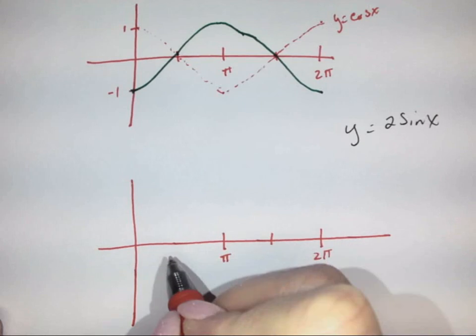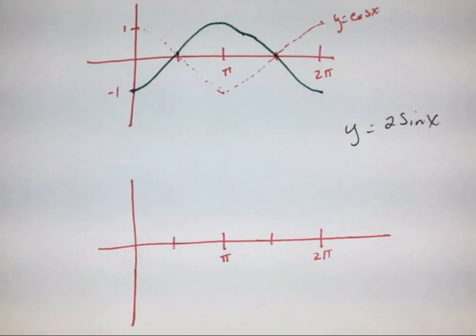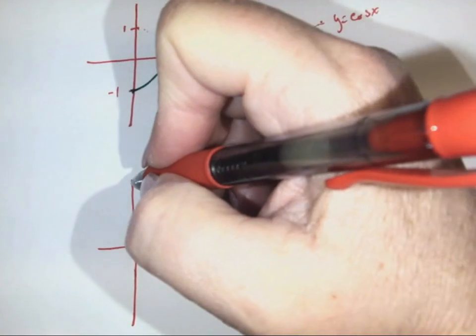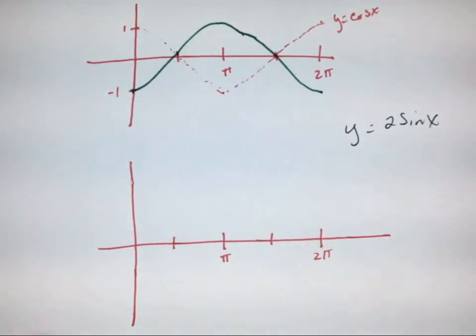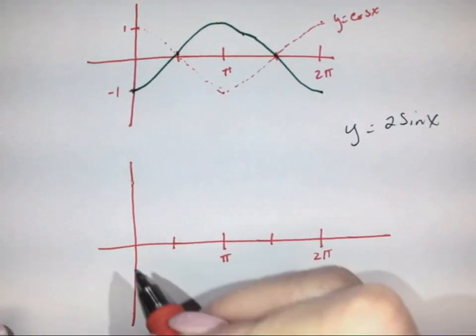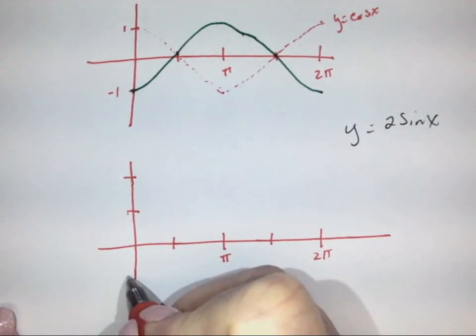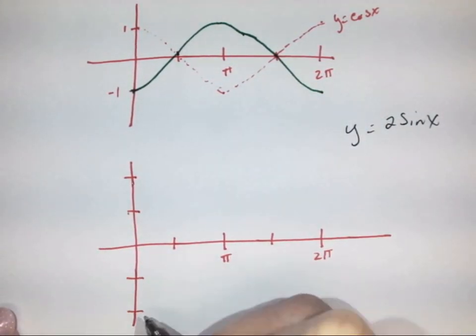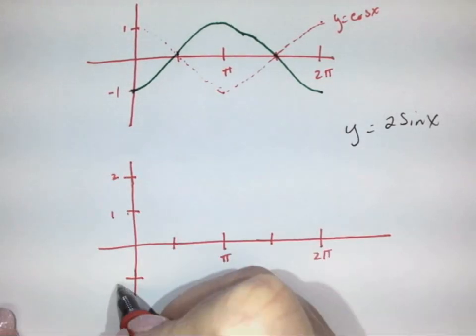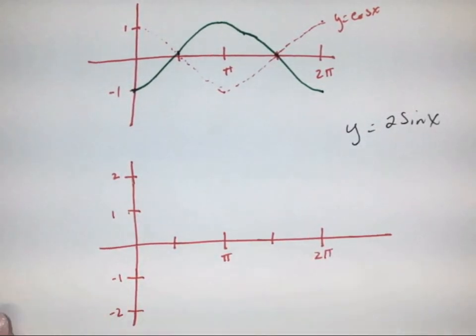And then we'll do our halfways. So this is sine, so we've got to start with a different graph to begin with. And we're going to multiply by 2. So I'm going to need to go 1 and 2, and 1 and 2. So 1, 2, negative 1, negative 2.